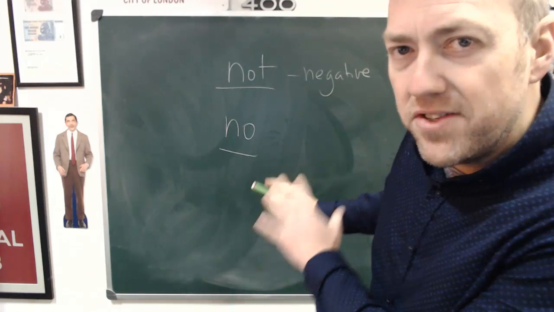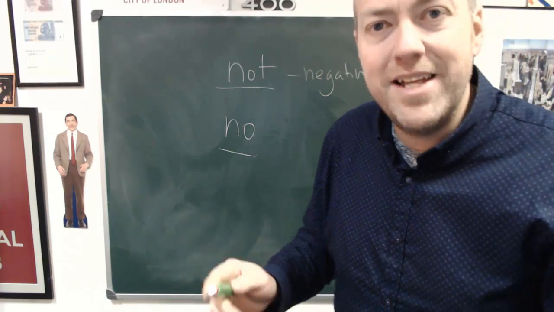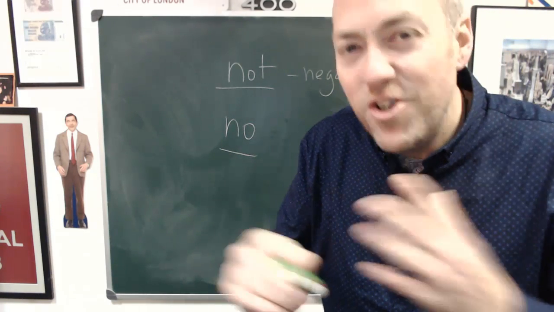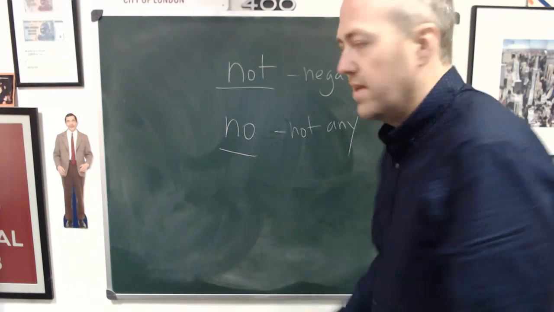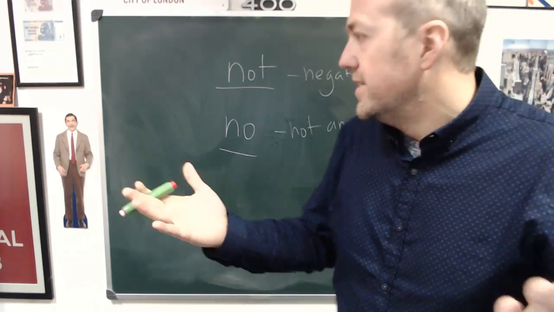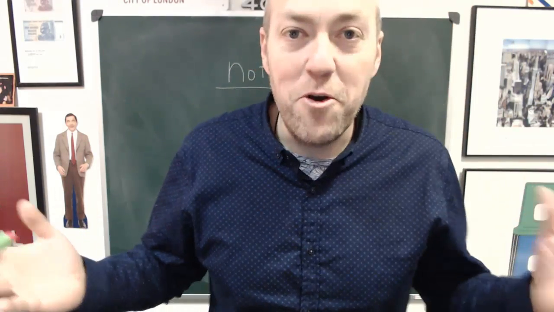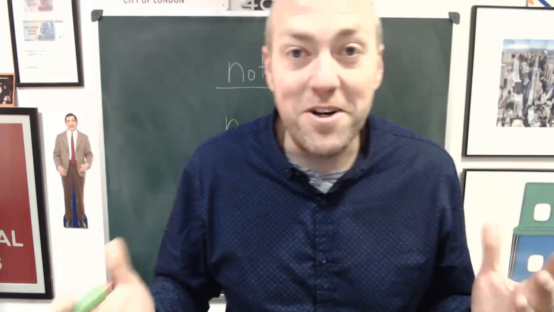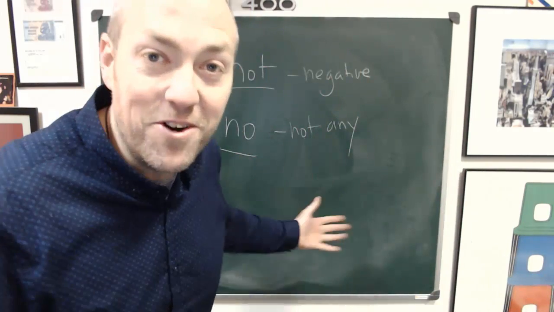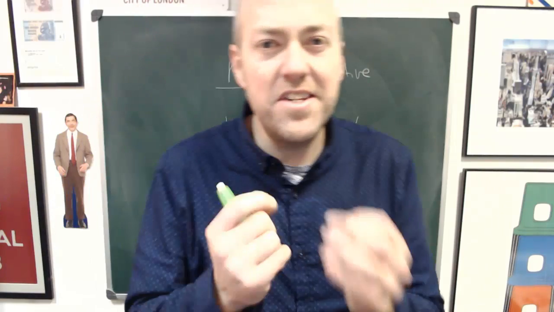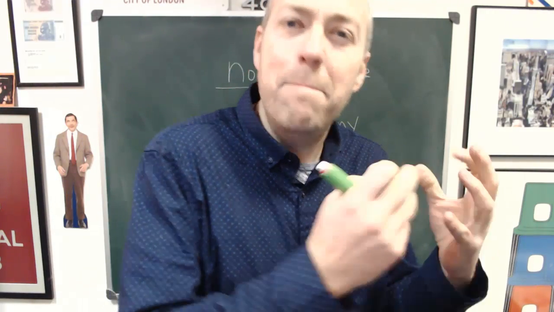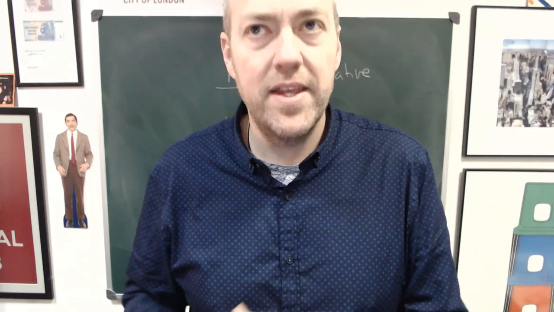But no is different, because no means none, not any. For example, there is no pizza, there is no coffee. I'm saying there is not any coffee, not any pizza. Okay? So this is the difference in the meaning between the two.